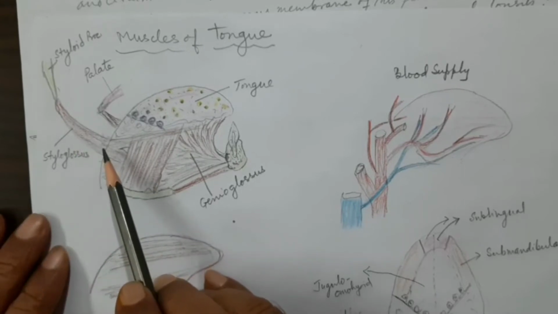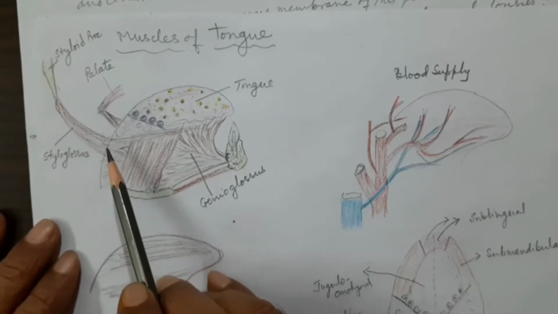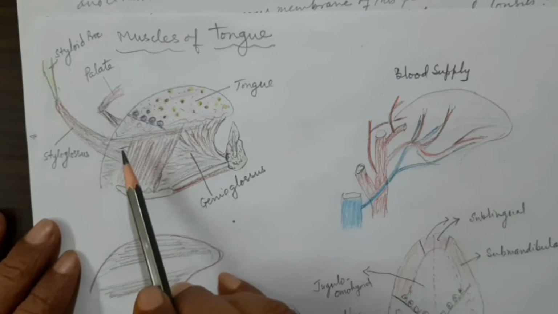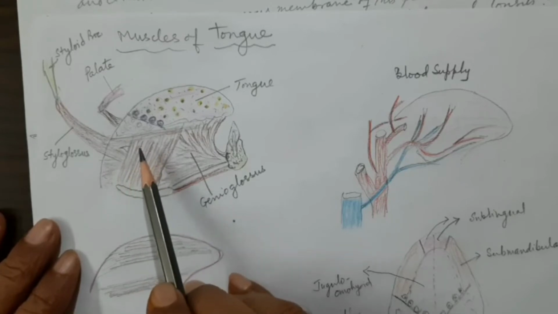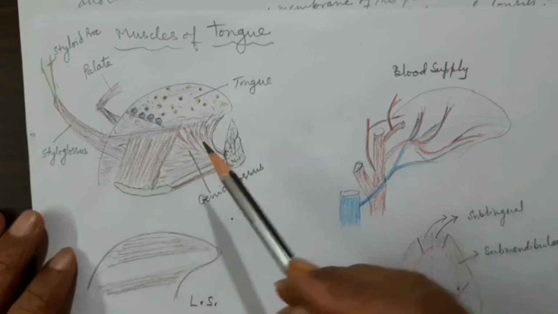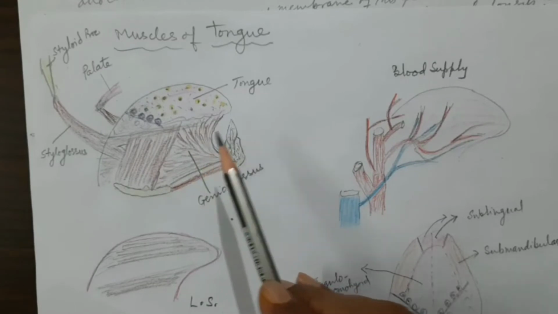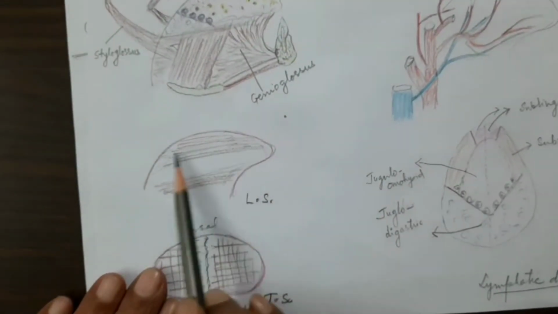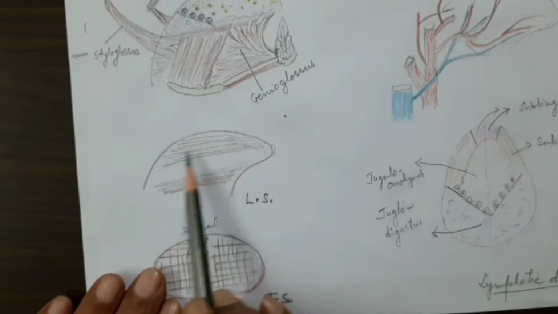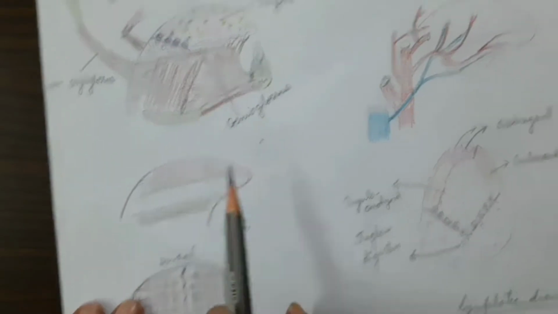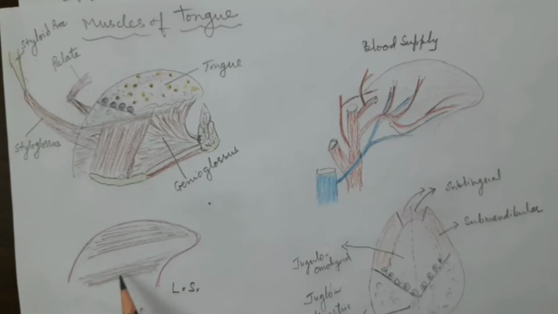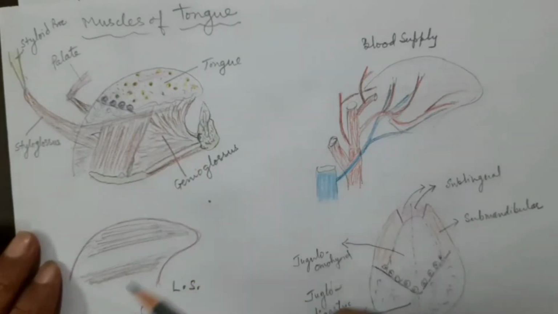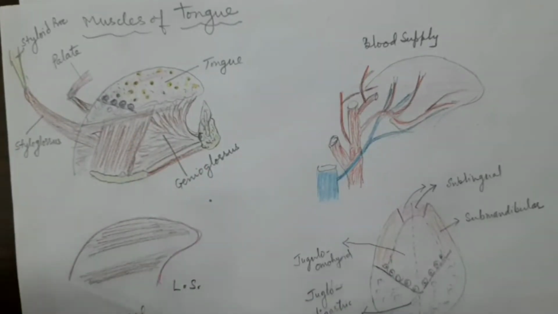Insertion will be on the dorsolateral aspect of the tongue, where it will blend with the inferior longitudinal muscle fibers. I will tell you where the inferior is. These are the inferior longitudinal intrinsic muscle fibers. This is the superior longitudinal muscle fiber. So this muscle will come and blend with the inferior longitudinal muscle in the depth.